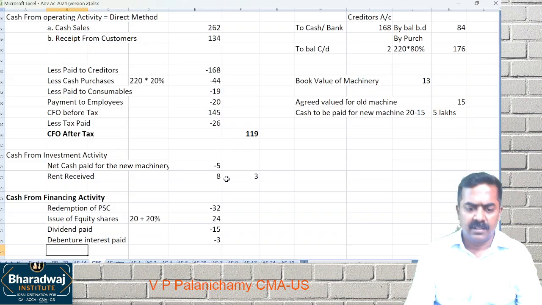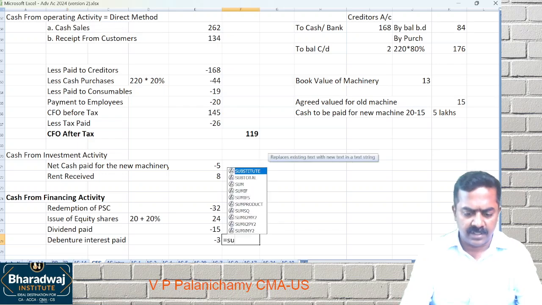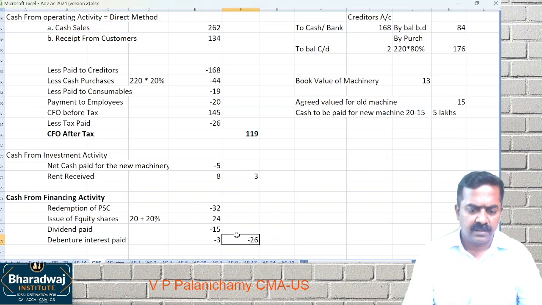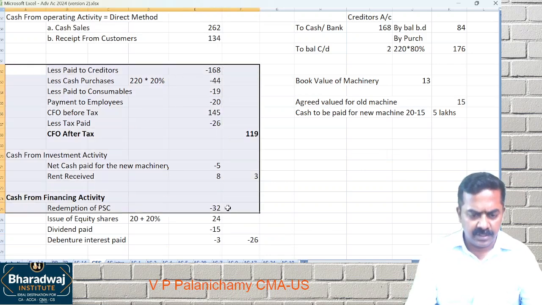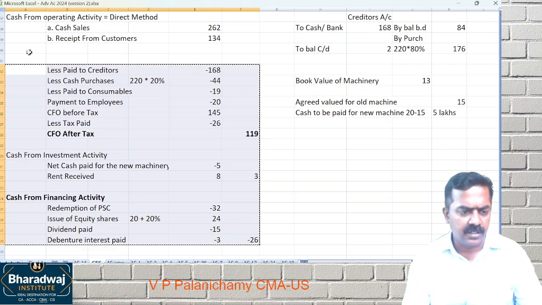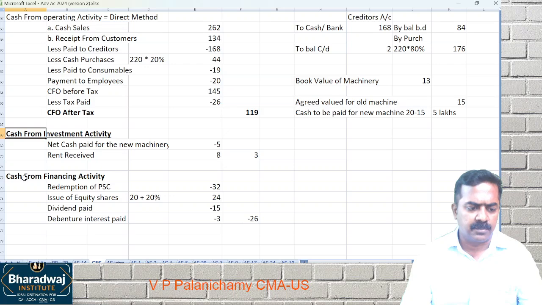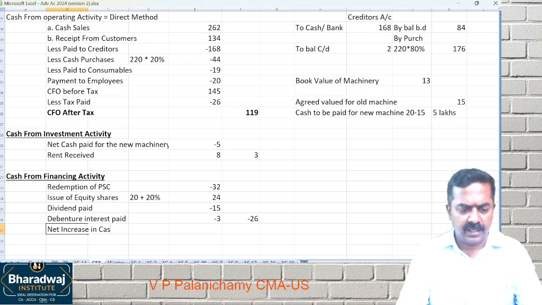This will give us cash from which activity? Financing activity. Dividend distribution tax is included. This dividend distribution tax is also part of what? Financing cost only. The cost comes because you are paying the dividend. So this will give us net increase in cash and cash equivalents.